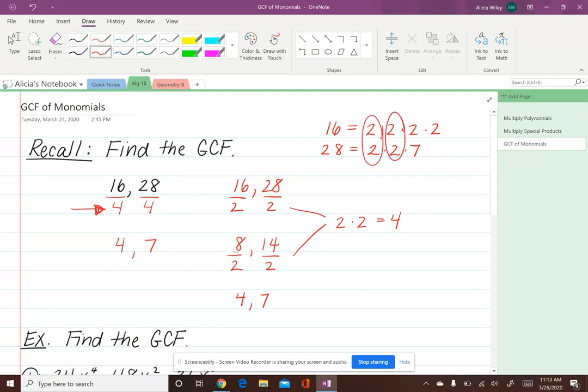So again, that means that our GCF is 4. So there's a lot of different ways that you can come up with finding the GCF. Sometimes it's just a matter of thinking about the values that go into 16 and 28. When the numbers are larger, sometimes you have to divide multiple times to figure out what is the biggest number that goes into both of them, or you can use the prime factorization like I showed here.